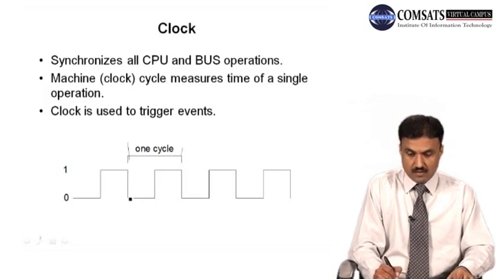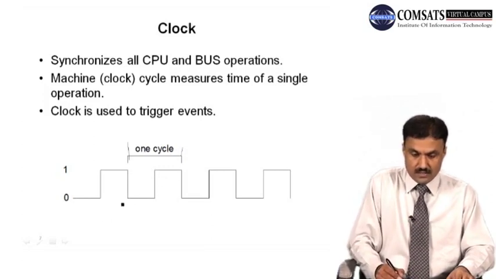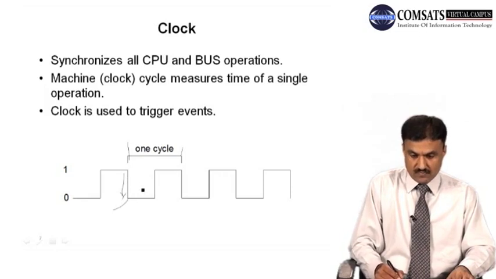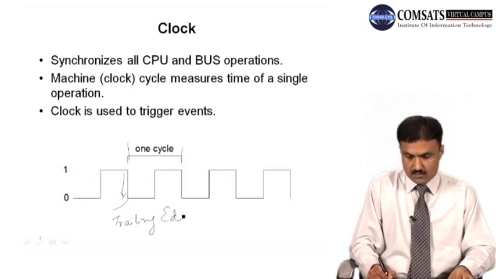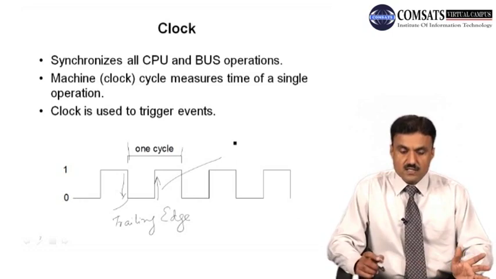When it goes from top to bottom, this is called the trailing edge, and here you can call it the leading edge. So this is a complete cycle.